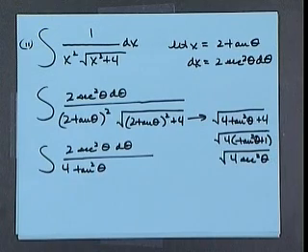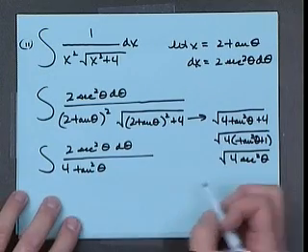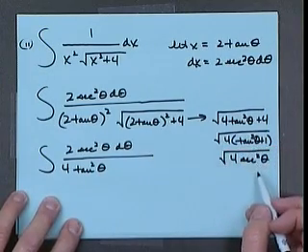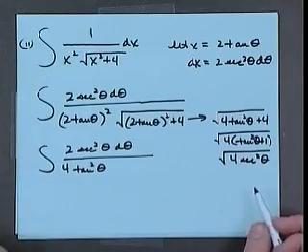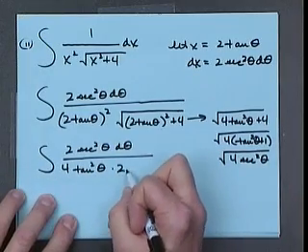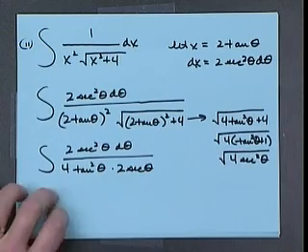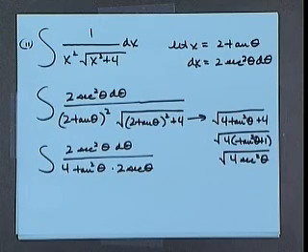And what's the square root of 4 times secant squared? 2 secant. So this is the transition here. Now we have the square root of a perfect square. So where that radical was, we have simplified it down to something that doesn't have a radical anymore.